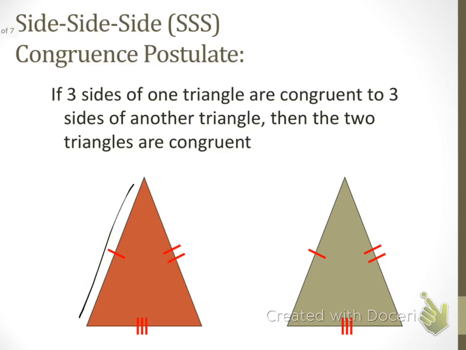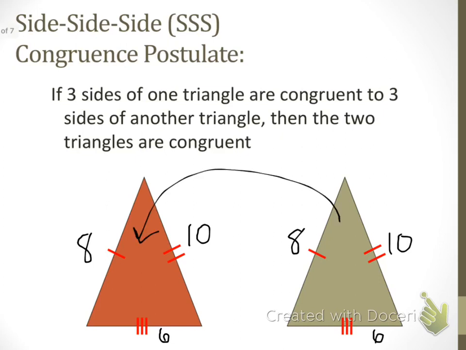So if this side length with the one tick mark is 8 units, then this one's going to be 8 units. If the two tick marks is 10 and this is 10, and the three tick marks is something a little smaller, let's say 6, then if I laid this triangle down, it would lay exactly on top of the other. And that's why we can say that these two are congruent.